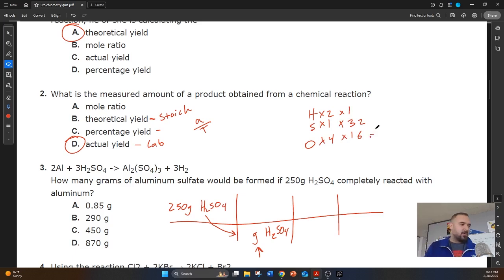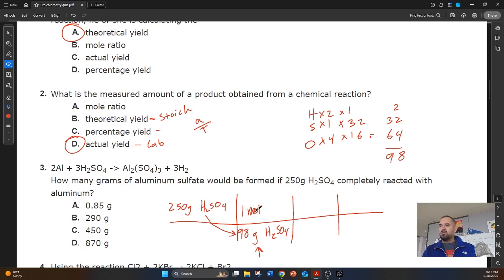What's 16 times 4? All right, so we got 64, 32, and 2. We add these together. That gives us 98. So this is 98 grams, and that's for every 1 mole.